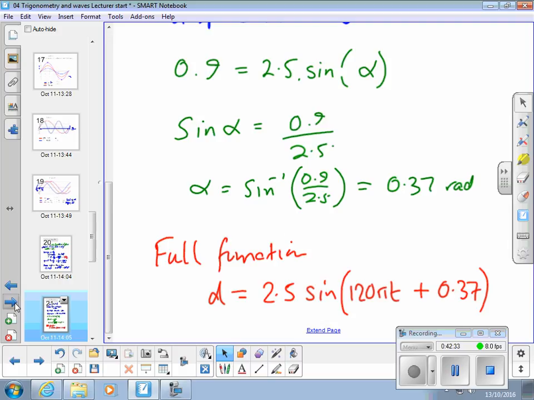And if you plug 2.5 times the sine of 0.37 in your calculator, you should get approximately 0.9, because that's the displacement at t equals 0.